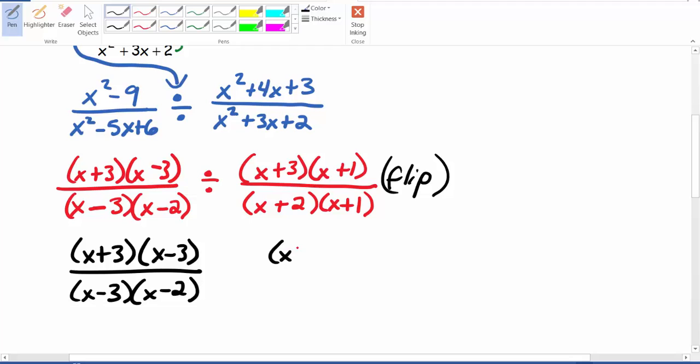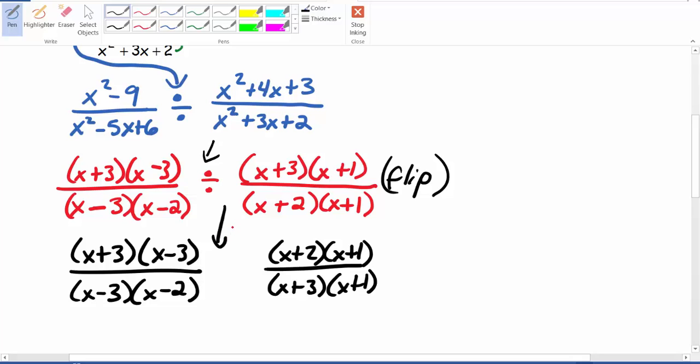So we have that x plus 2 on top, the x plus 1 as well, all over x plus 3 times x plus 1. And again, the reason why we are flipping is because we are dividing the second rational expression. Now when we flip it, we're going to go ahead and change the division to a multiplication.